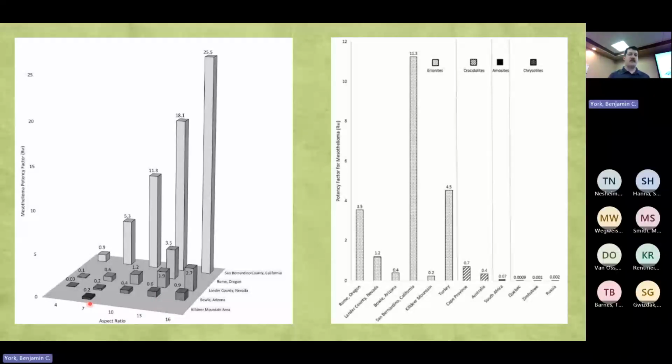So our aspect ratio is about 5.8 or so. And so they knew we really didn't have any long fiber Erionites in the Killdeer area. So that allowed them to narrow down the mesothelioma potency factor for the Killdeer Erionite.